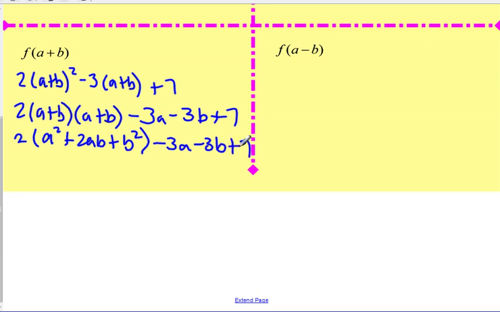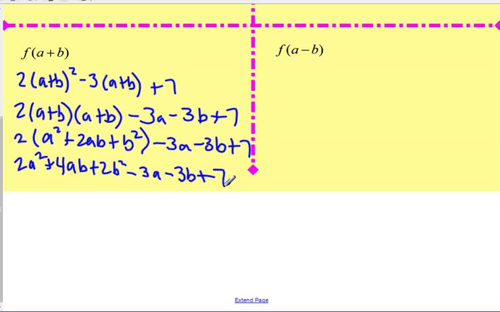Now remember, I got that a squared plus 2ab plus b squared from foiling out my two terms up there. And then I'm just going to give the 2 to each term. So 2a squared plus 4ab plus 2b squared minus 3a minus 3b plus 7. Now there's nothing there that can cancel, so we just leave it like that. And that would equal our f of a plus b.